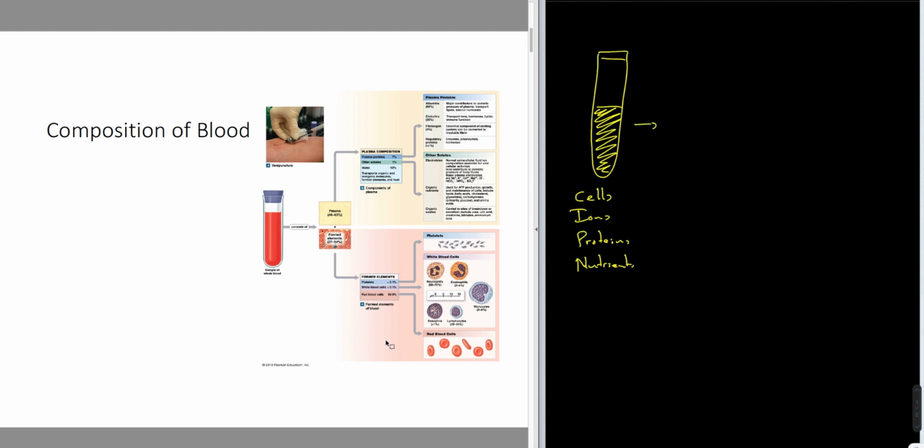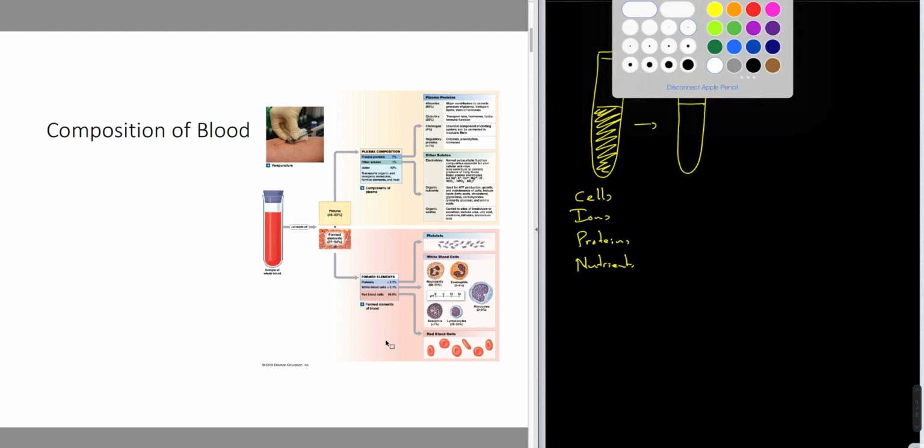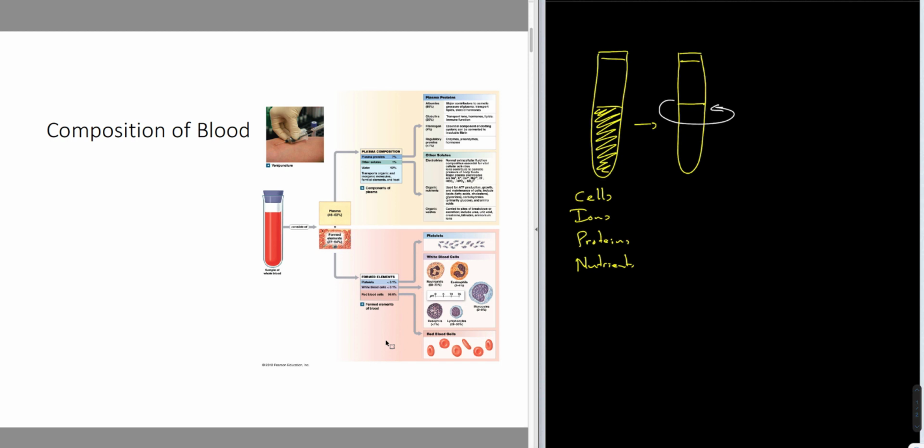Now, if we are to spin this vial down, this is called centrifugation. By spinning it down, it collects all the heavier particles that are in suspension, and they begin to fall out of solution. We call this precipitation.